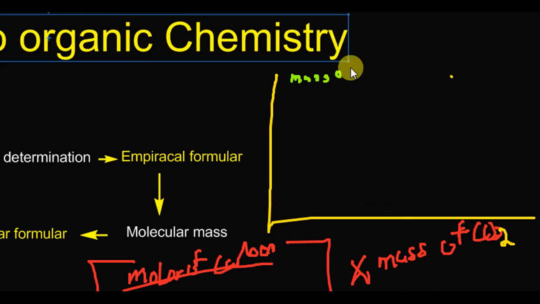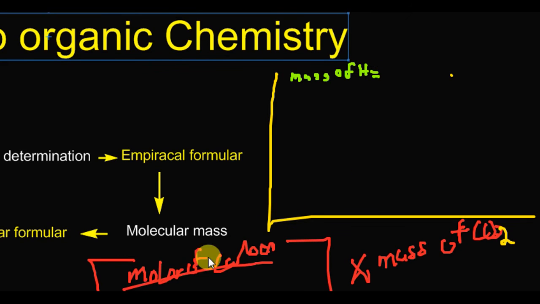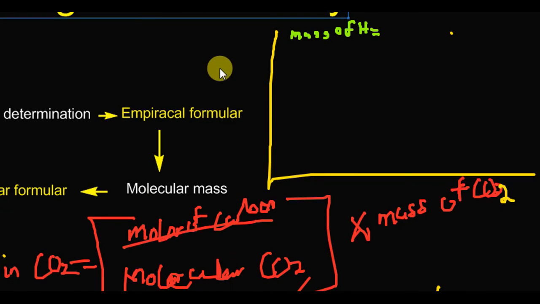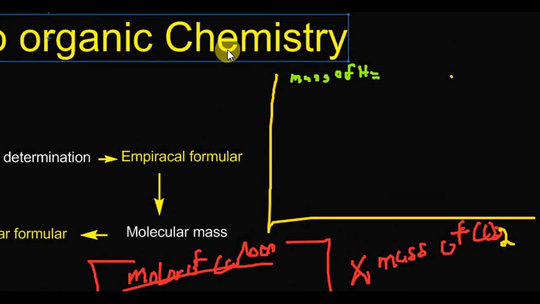Of hydrogen. How do you find the mass of hydrogen in water? It is the same as here. The mass of water is the same as what I've done already.